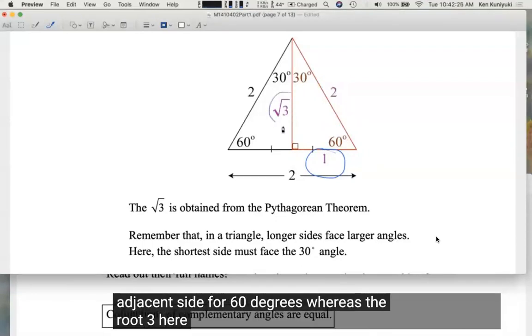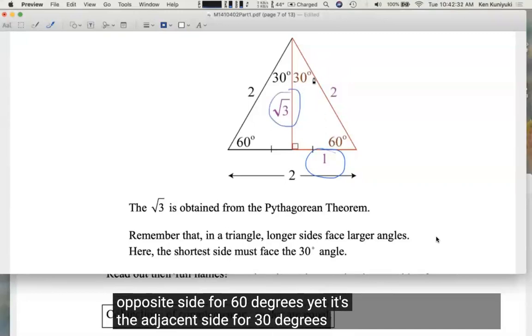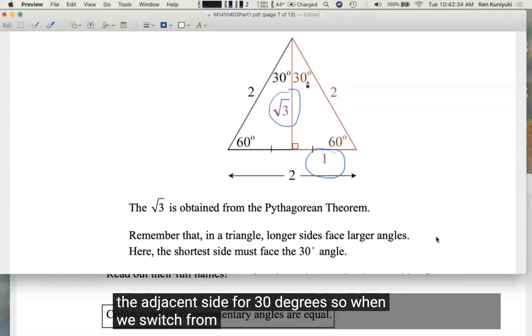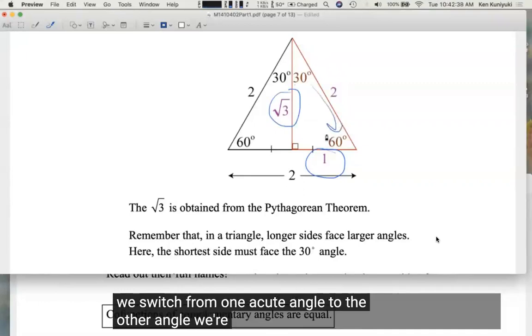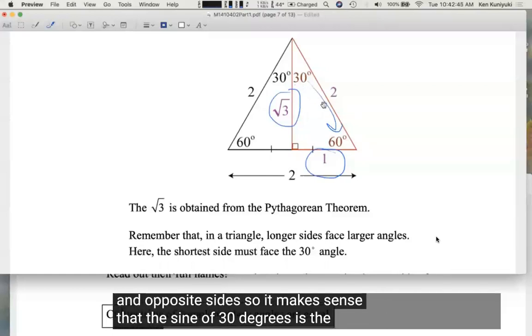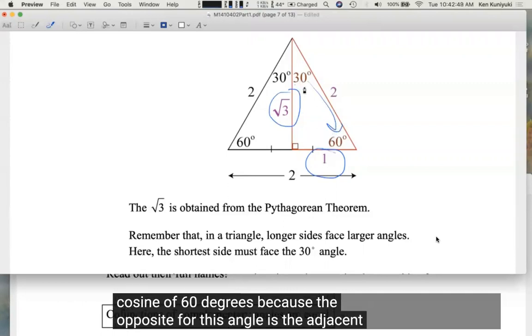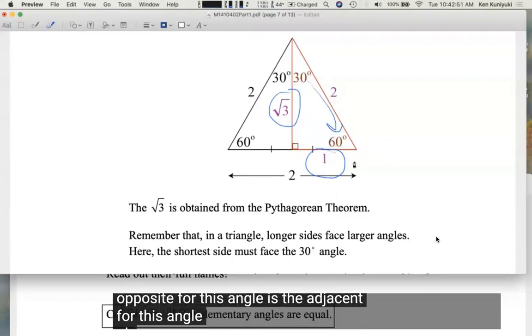Whereas the root 3 here is the length of the opposite side for 60 degrees, yet it's the adjacent side for 30 degrees. So when we switch from one acute angle to the other angle, we're switching the adjacent and opposite sides. So it makes sense that the sine of 30 degrees is the cosine of 60 degrees, because the opposite for this angle is the adjacent for this angle.